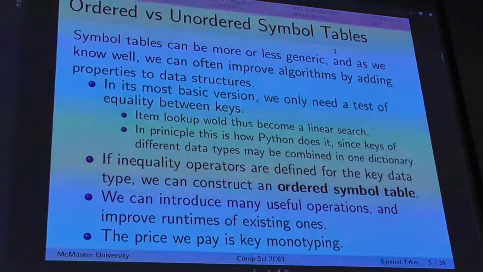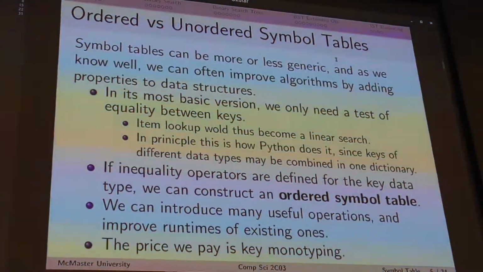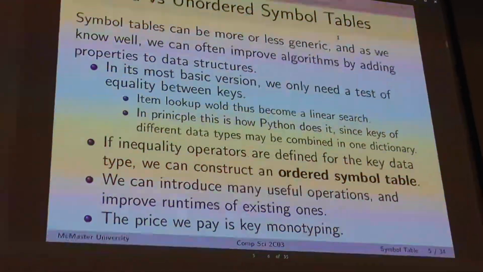So, let's consider this issue of the orderedness of the symbol table. Symbol tables can be more or less generic, as we well know. We can often improve algorithms by adding properties to data structures.